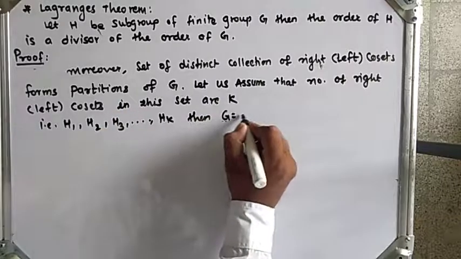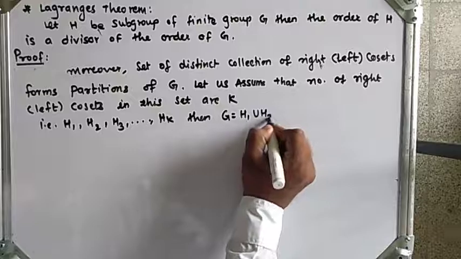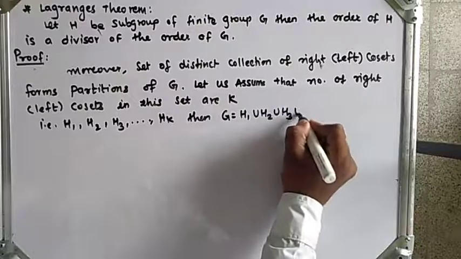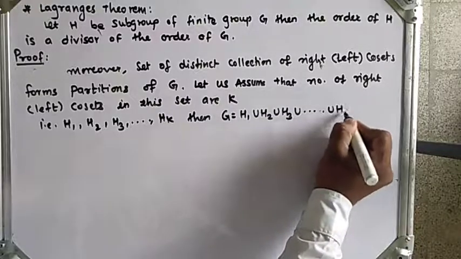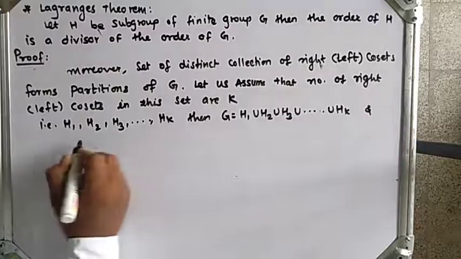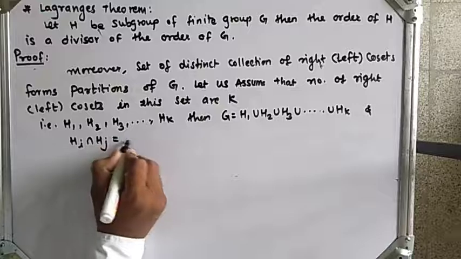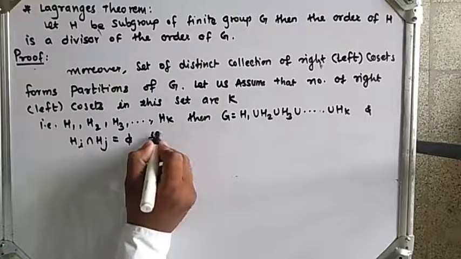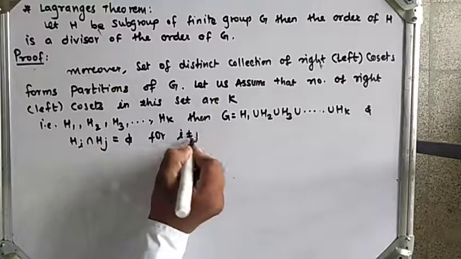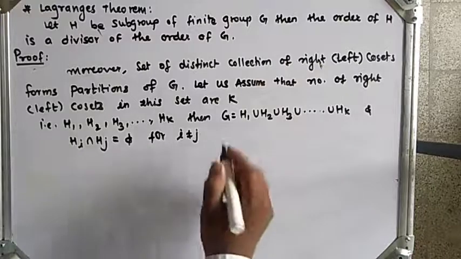Then G is equal to h1 union h2 union h3 union up to hk, and hi intersection hj is phi for i not equal to j. This is the definition of partition.